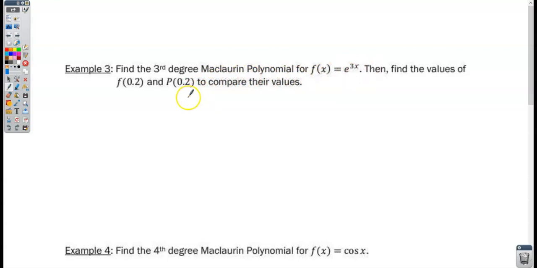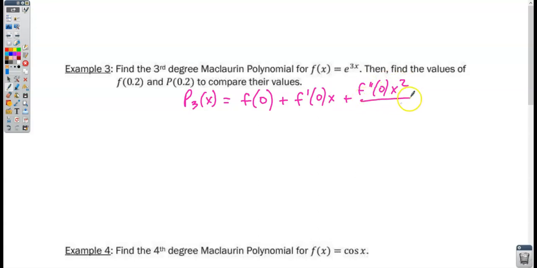And so we want our third degree polynomial, which is going to be the value of f at 0 plus the value of f prime of 0 times x plus f double prime of 0 times x squared all over 2 factorial plus f triple prime of 0 times x cubed all over 3 factorial.